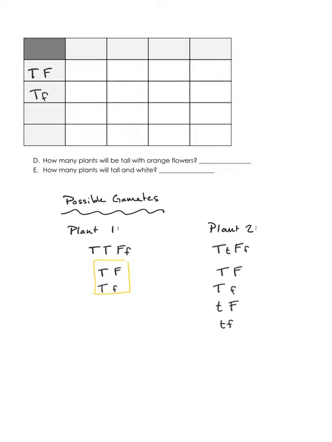And then I'm going to put plant 2 on the top: capital T, capital F, capital T, lowercase f, lowercase t, capital F, and lowercase t, lowercase f. And then you can fill in your boxes, and you only have to fill in 8 because you have one parent who only has 2 potential gametes.